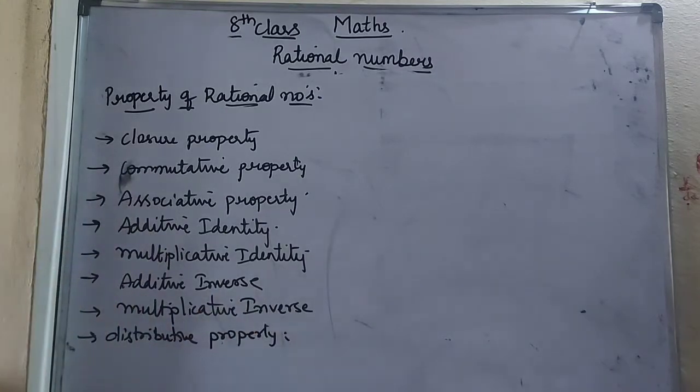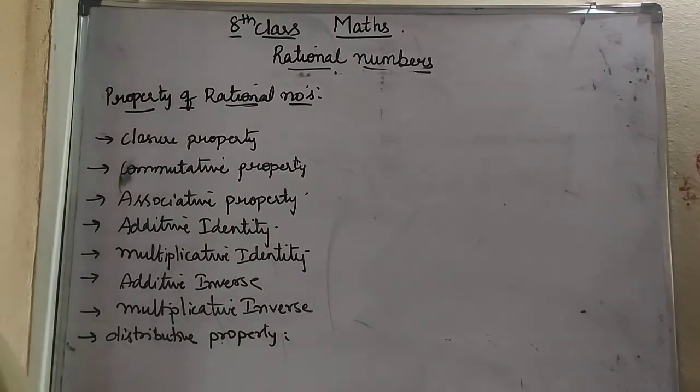So how many different types of properties are there? One is closure property, second is commutative property, third is associative property, fourth is additive identity, next is multiplicative identity, additive inverse, multiplicative inverse, and last is distributive property.